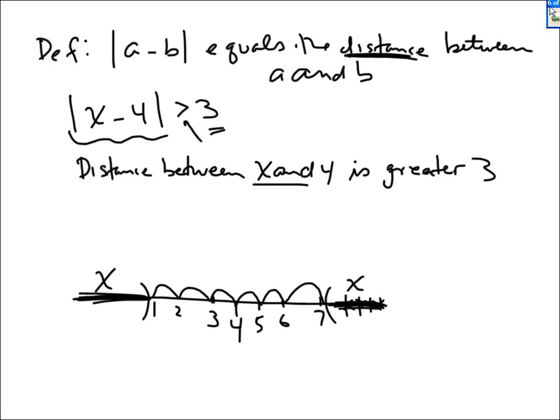X must be more than 3 units away from 4. The distance between x and 4 is greater than 3. I left out a key word, sorry. So the answer is x can be bigger than 7, or x can be less than 1.